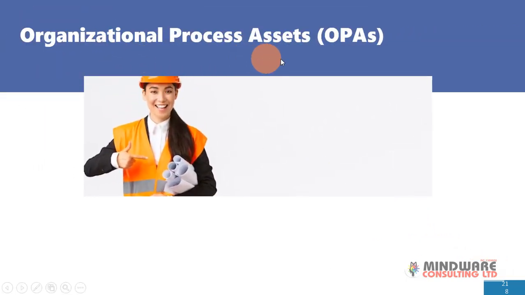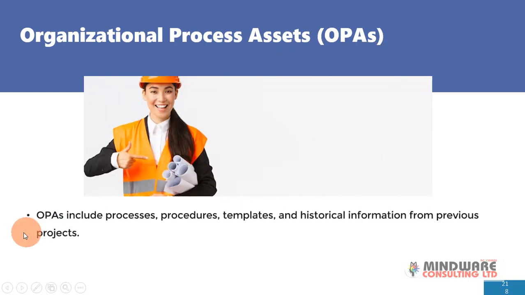Next is organizational process assets, or OPAs. OPAs include processes, procedures, templates, and historical information from previous projects. These also come in as inputs.